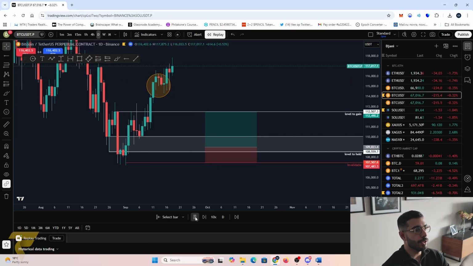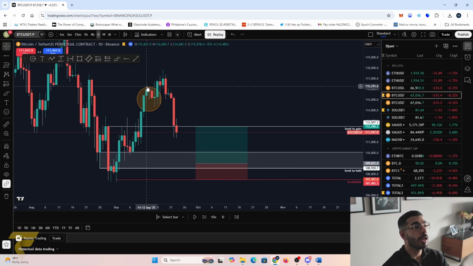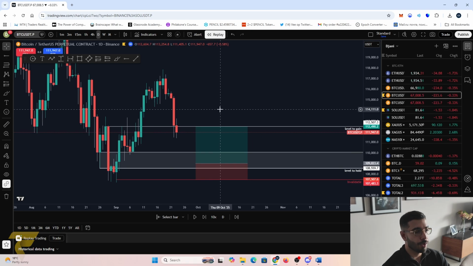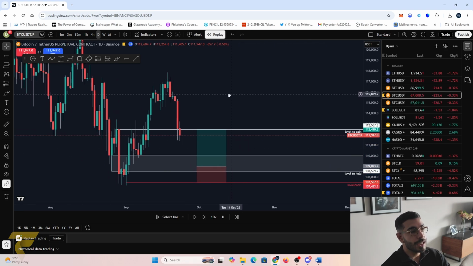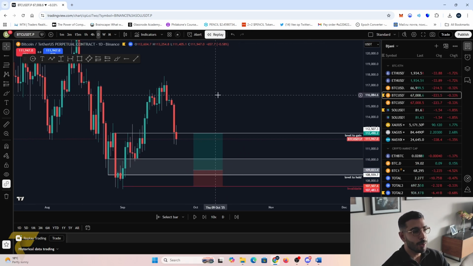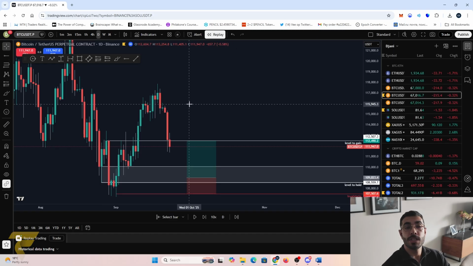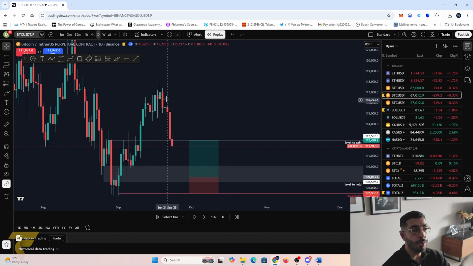And then I need to determine the so-called untested level, or my take profit level. As you can see, it's quite clean, quite clear, we have a specific level which we broke through, but we never really retested it on the way up. I'm specifically referring to this section, this piece of price action, okay?